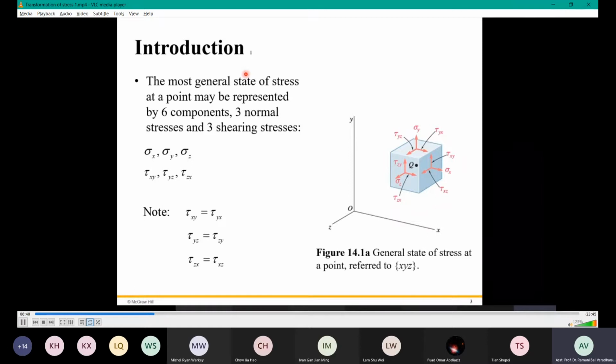Don't worry. Now, the most general state of stress at a point may be represented by six components: 3 normal and 3 shear stresses. Any body when it is subjected to loading will undergo these two. But whichever is significant depends on whether it's just axial loading, whether the member is stable, static, whether the loading is at some oblique angle, or the object itself is inclined.